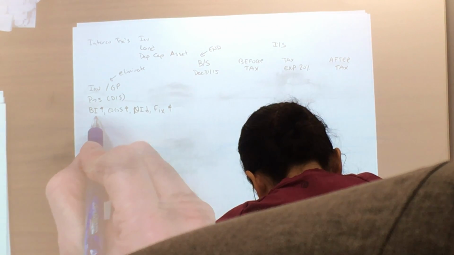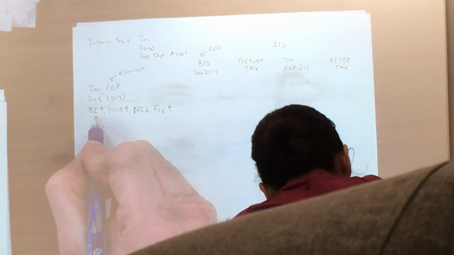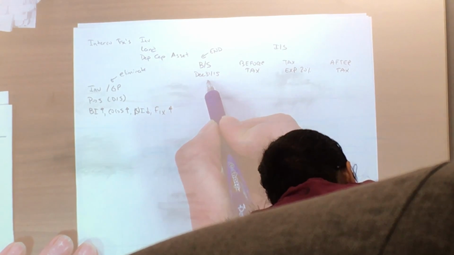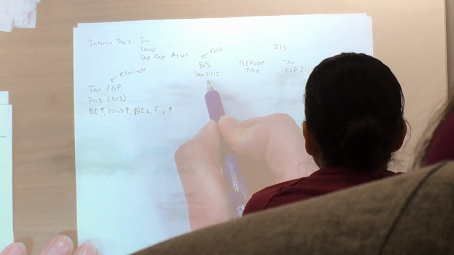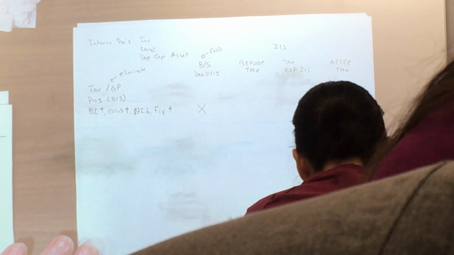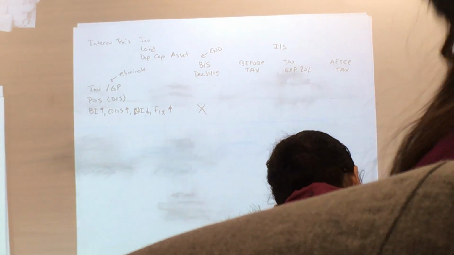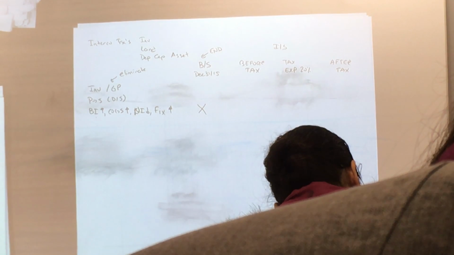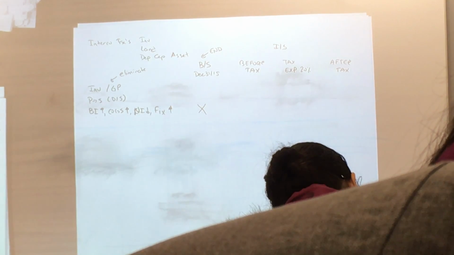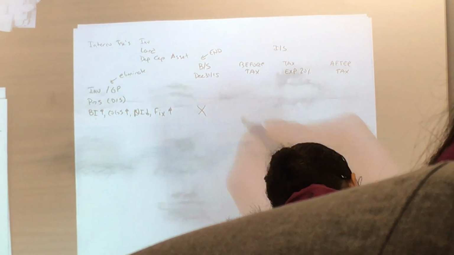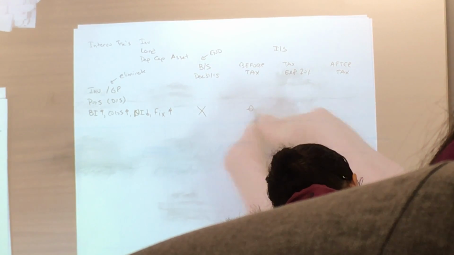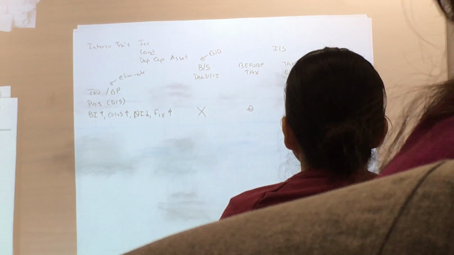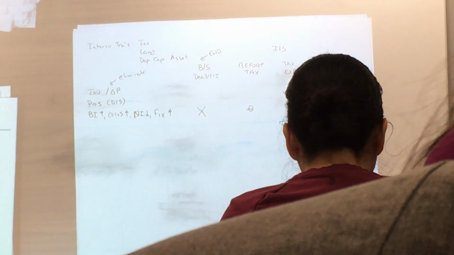Beginning inventory is on what date? January 1. My balance sheet's on December 31. So we will never see an amount in the beginning inventory. It will never be adjusted on the balance sheet because it's the wrong date. In this case, we don't have any beginning inventory, but if we did, we would put it in the income statement columns.